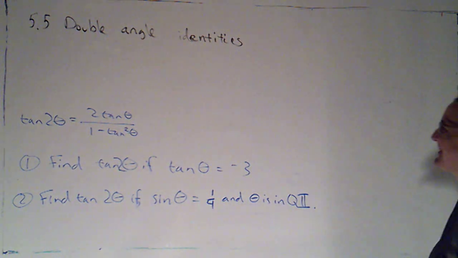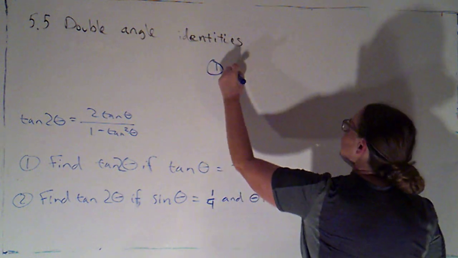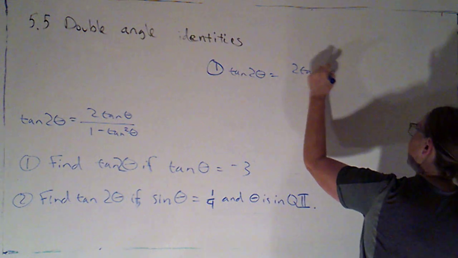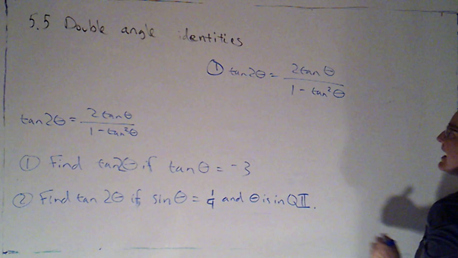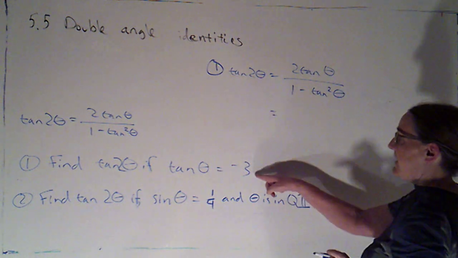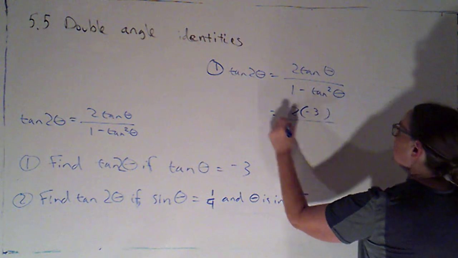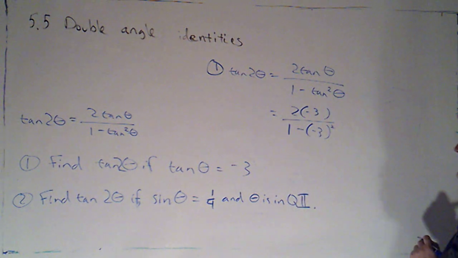Welcome back. So for question 1, I'm just saying tangent of 2 theta is 2 tan theta over 1 minus tan squared theta. And I'm just replacing all the tangent thetas with a negative 3. So that's 2 times a negative 3 over 1 minus a negative 3 squared.